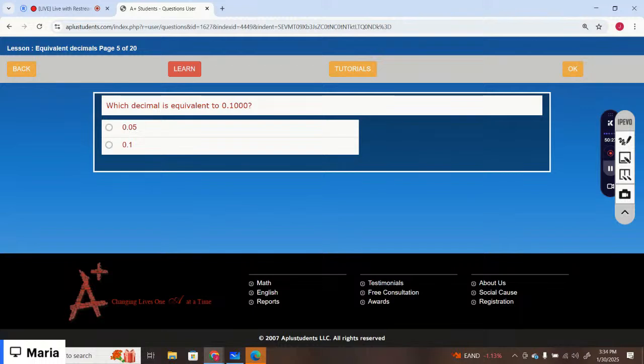Which decimal is equivalent to 0.1000, which is the correct option? The correct option is option number two, that is 0.1.